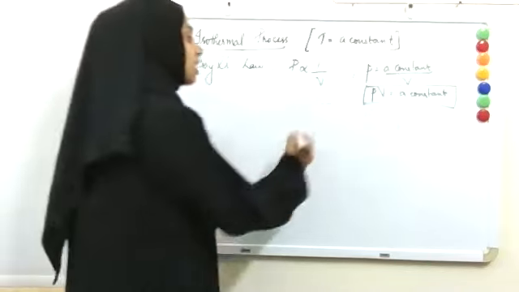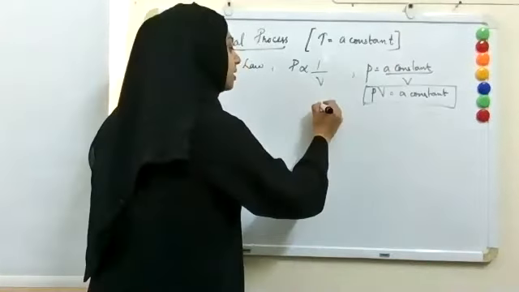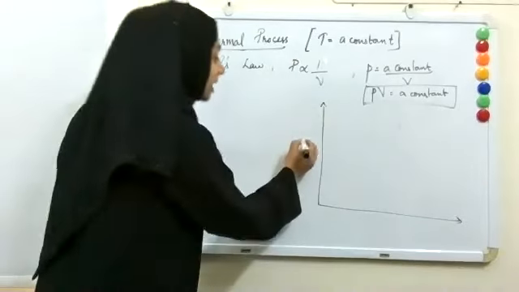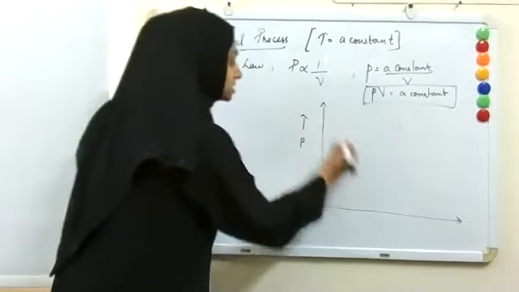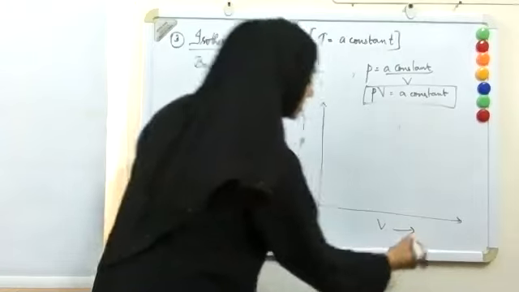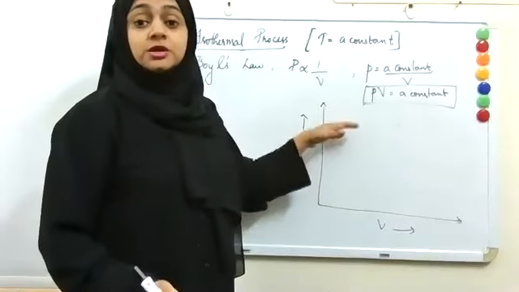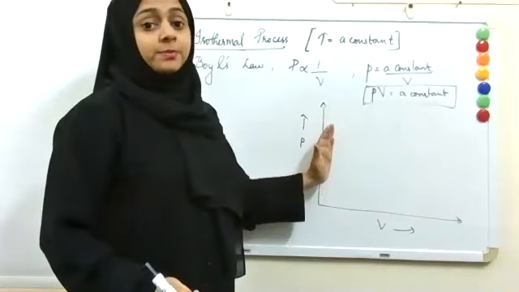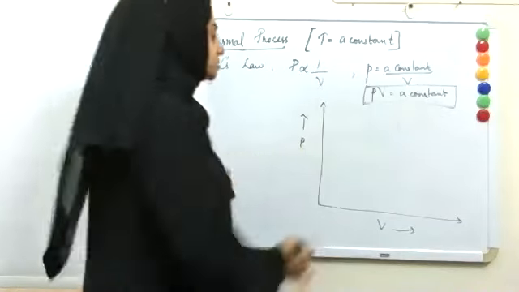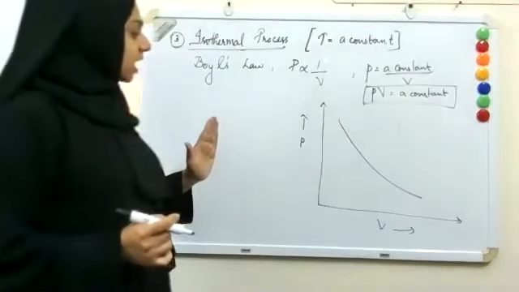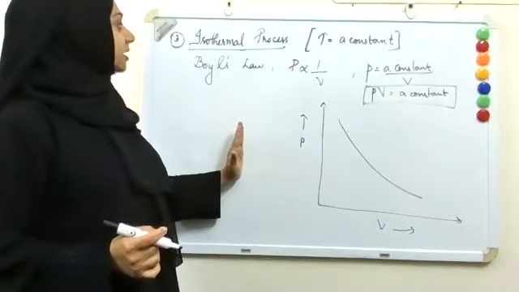Now let us see how the indicator diagram will look in an isothermal process. We have pressure along the y-axis and volume along the x-axis. Both can change, right? So the curve will not be parallel to either axis, but it will look like this.